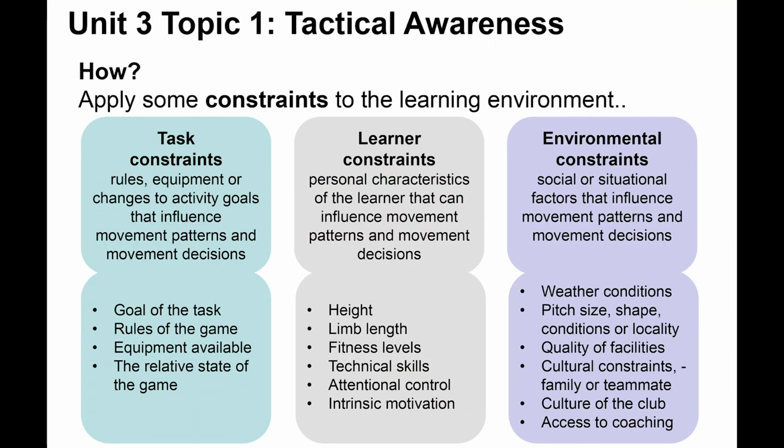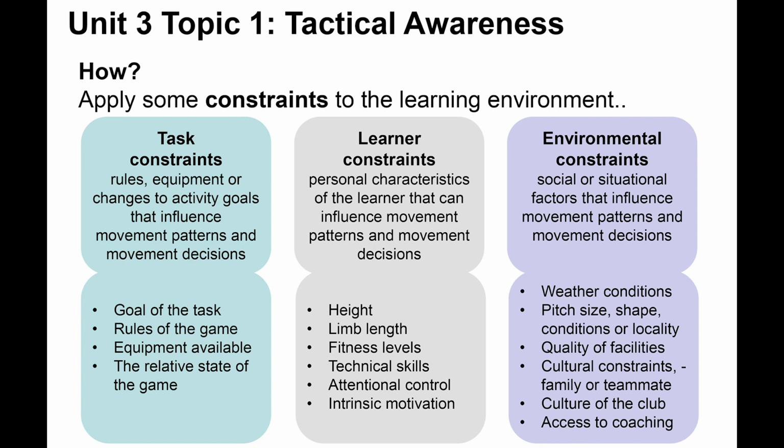There's a number of different types of constraints. So we've got task constraints, learner constraints, and environmental constraints. Again, they're the different boundaries we can place on the learning environment. What I want you to think about on constraints, they naturally exist for the learner already. So if you look at these, the learner already has their height, their limb length, their fitness levels, their technical skills.